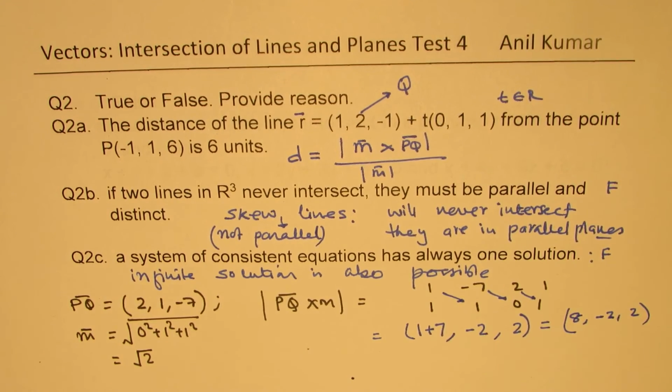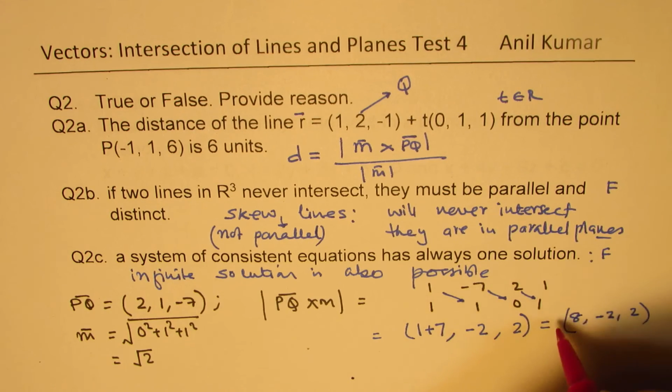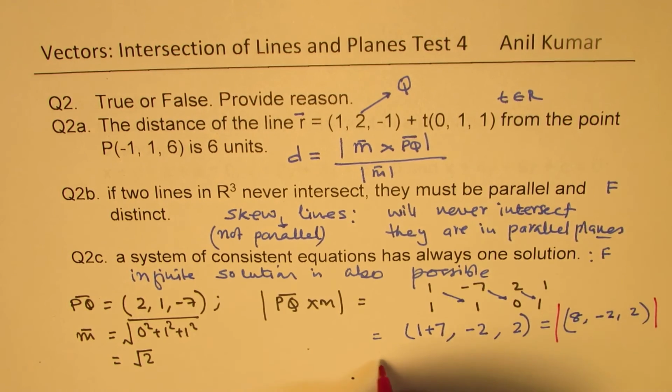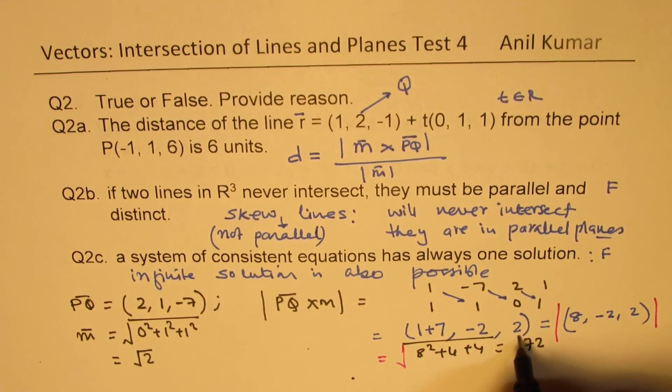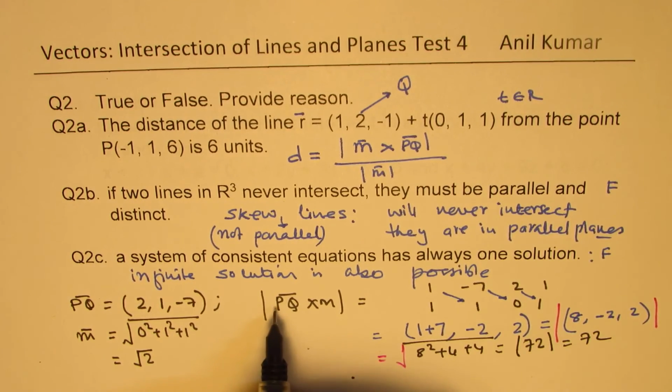Now we need to find the magnitude, right? So the magnitude will be equal to square root of, let's figure this out, 8 square plus 2 square plus 2 square. So 64 plus 4, 68, plus 4 we get 72, right? So that becomes the absolute value, square root of 72, which is PQ cross M, right?